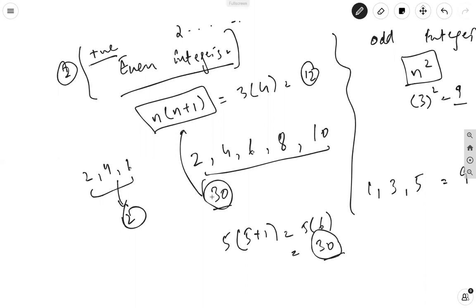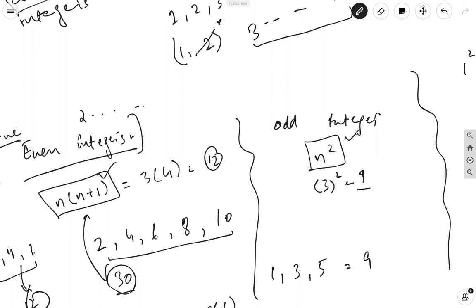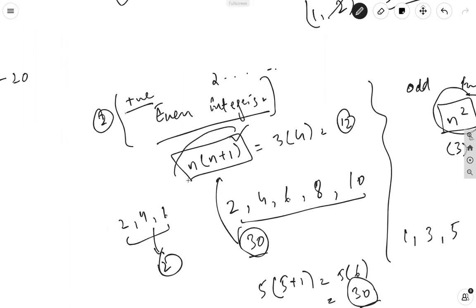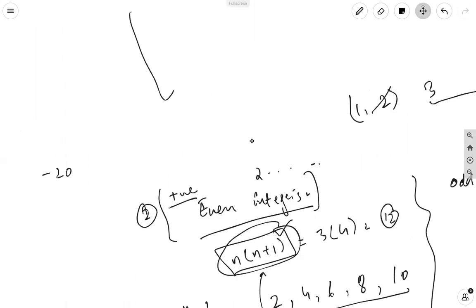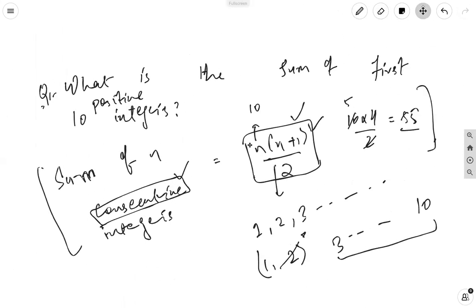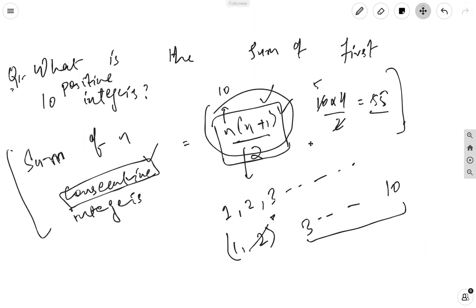So we're getting the same answer. In case of even, this is n into n plus 1. In case of odd, this is just n square. So just memorize these three formulas at least: n square for odd integers, n into n plus 1 for even integers, and n into n plus 1 divided by 2 for simple positive integers, right?